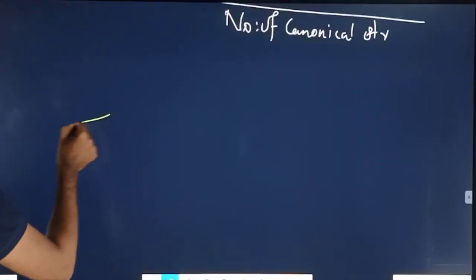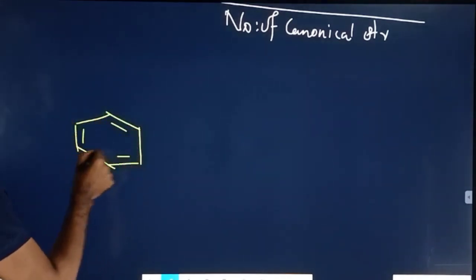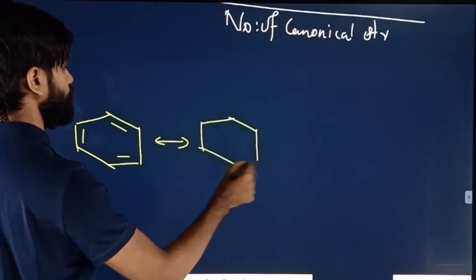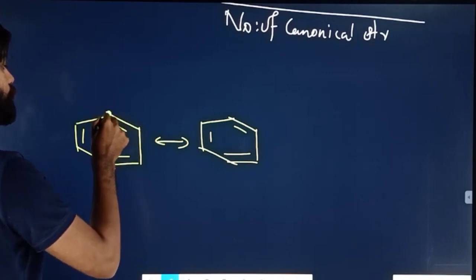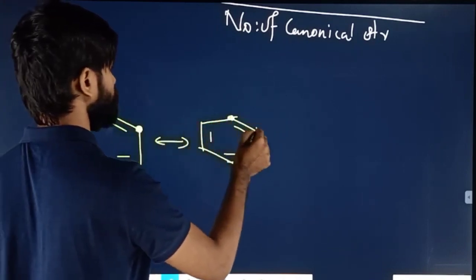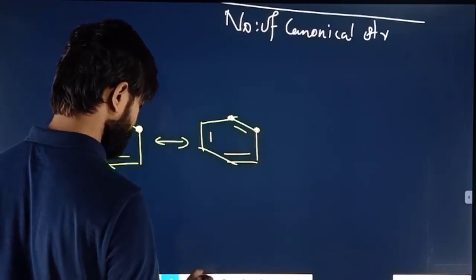If I have benzene, there are actually two canonical structures. Okay, so let me find the bond order of these two carbons. I think these two are the same.